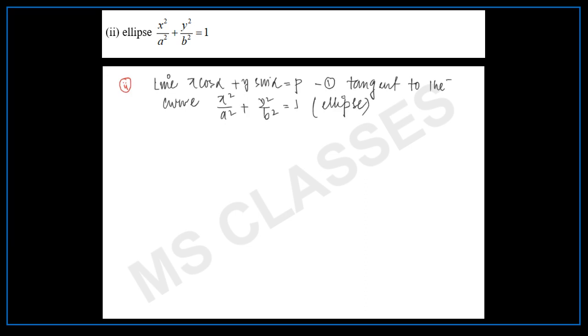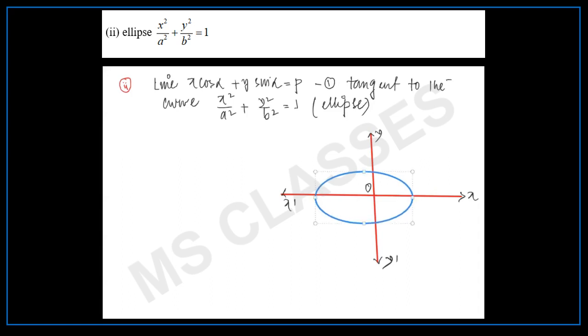So here at the beginning we take an ellipse. We have this y, this is x, origin, x prime, y prime. Now this is an ellipse whose vertex is at the point a comma 0.